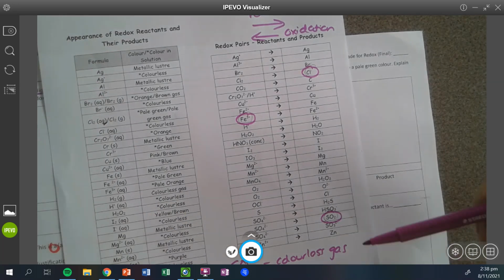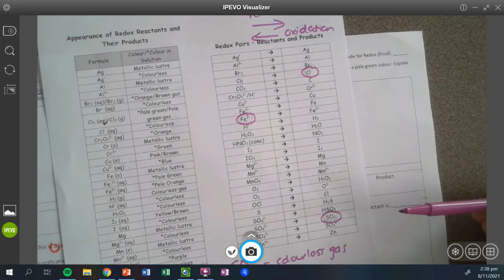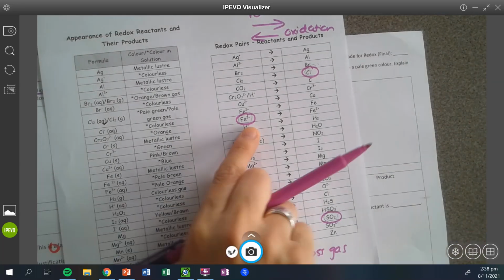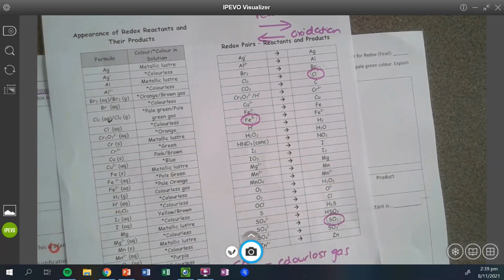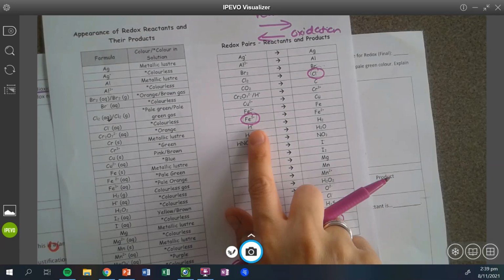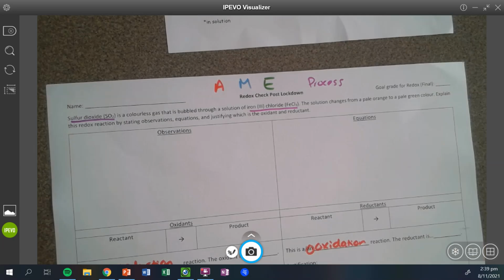All right. I have two things that are reductants going in the oxidation direction. I have one thing that is going this way, and that's my reduction reaction and the oxidant. So which one automatically do I know is going to be the oxidant? The iron 3, because it's the only one on that list. So that's what I'm going to put down as my oxidant.